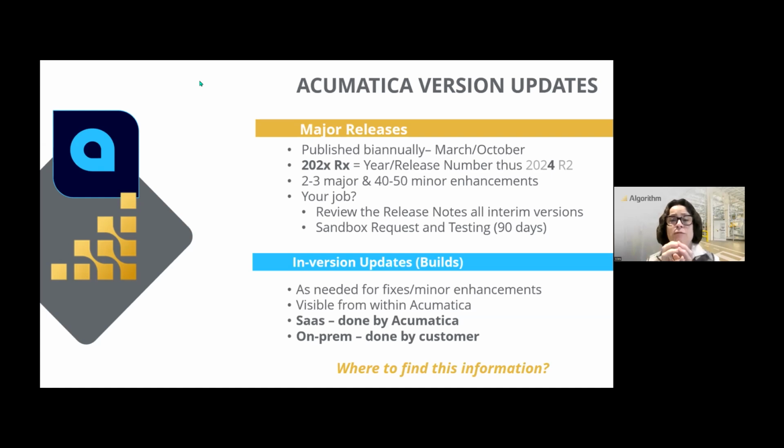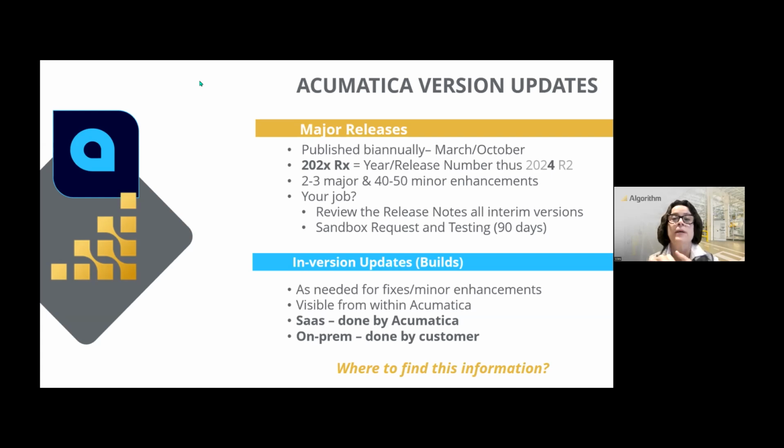Typically in each version, you'll find 2 to 3 pretty major enhancements, and about, I don't know, anywhere from 30 to 40 to 50 minor enhancements. Each release comes out as a beta release, an early release, and then a general release.